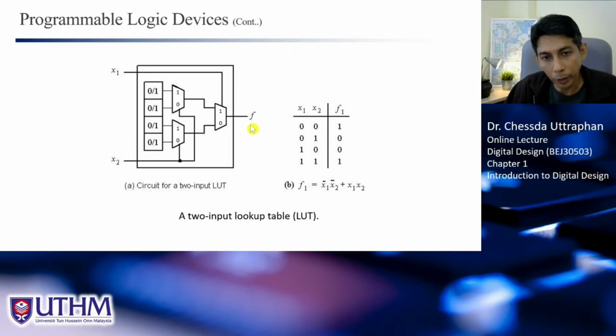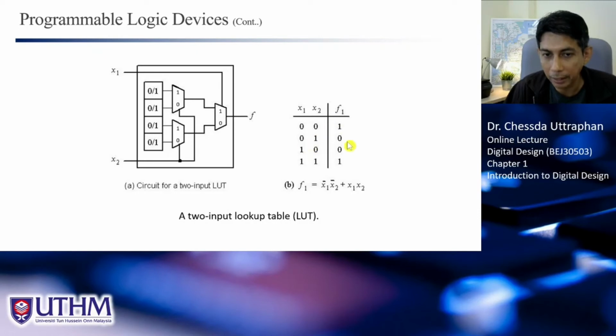So for example, if we want to implement this function, this is the truth table, and this is the Boolean equation for the XNOR gate, right? This is XNOR behavior, where when we have 0 0 at the input, we have 1 at the output, and if 0 1 or 1 0, we have 0, and 1 1 gives 1. In other words, if the inputs are the same, the output is 1.